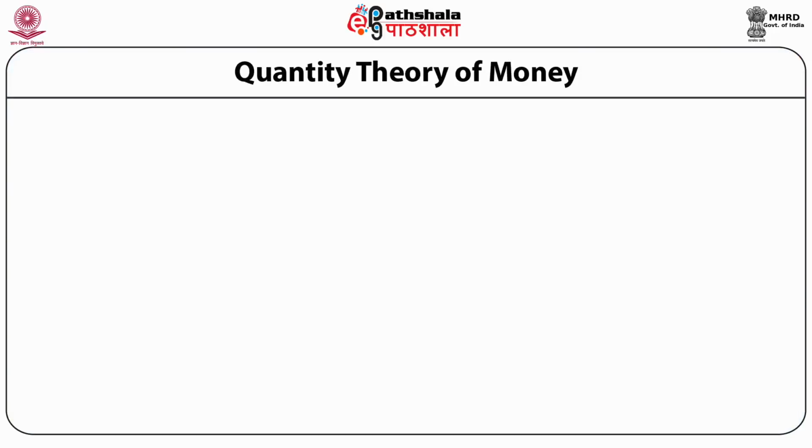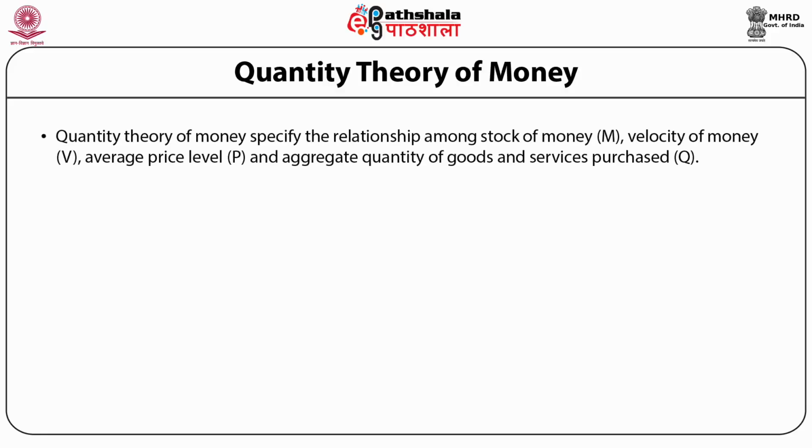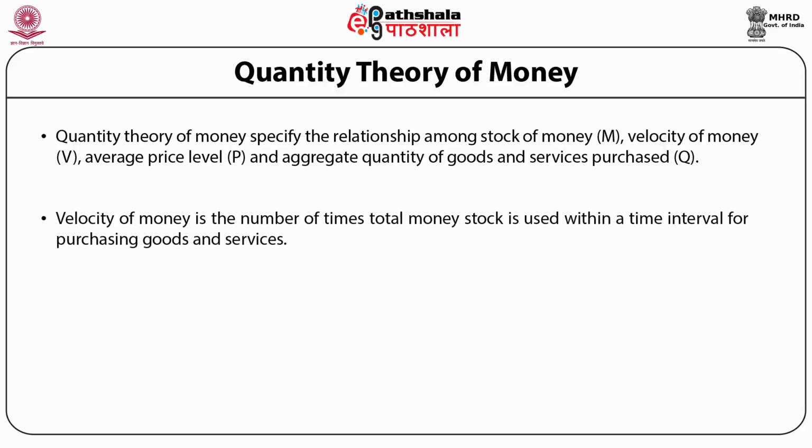The more modern understanding of the relationship between money supply and prices is based on quantity theory of money. Quantity theory of money specifies the relationship between stock of money M, velocity of money V, average price level P, and aggregate quantity of goods and services purchased Q. Velocity of money is the number of times total money stock is used within a time interval for purchasing goods and services.